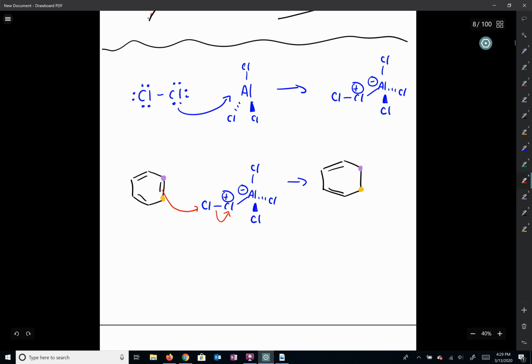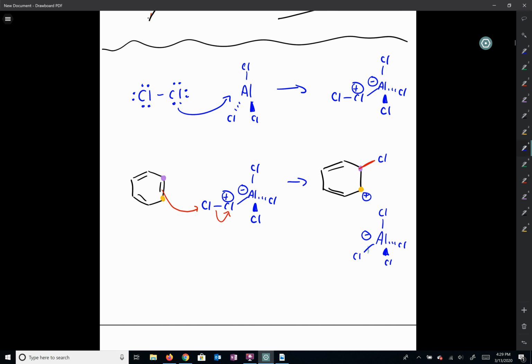Now, in this case, does it matter which of those two we added to? No, not really. So let's go ahead and just add the chlorine here. That sounds good. And we've got the positive charge there. And then we've got the AlCl4 here.